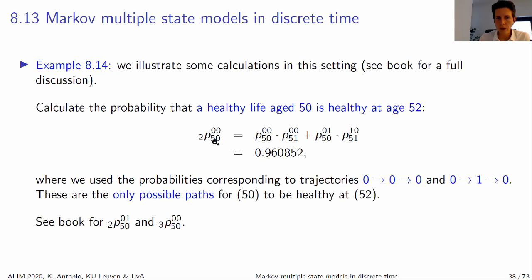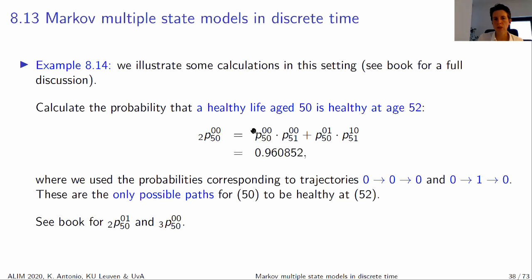So that means you start in state 0 at age 50. What's the probability that in 2 years from now you would be in state 0? So what we're going to do here is we're going to look at the possible paths that my policyholder can take. And you see here that there are 2 paths possible. If I'm looking at calculating this transition probability, that's the path where I stay in state 0.